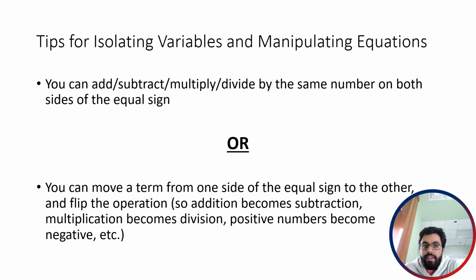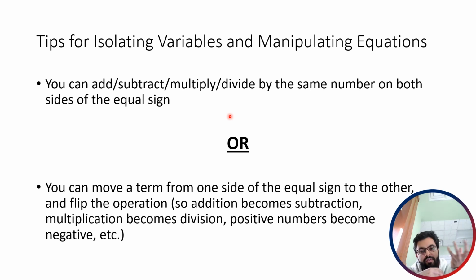So assuming that that's done, before we dive into more practice questions or word problems or anything, I do want to tell you one thing. The way we've been isolating variables and changing stuff in the equations is by adding or subtracting or multiplying or dividing by the same number on both sides of the equal sign to undo something.